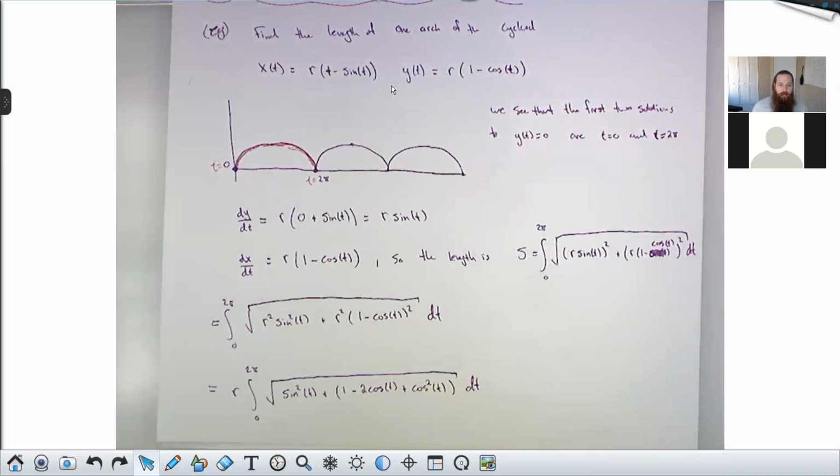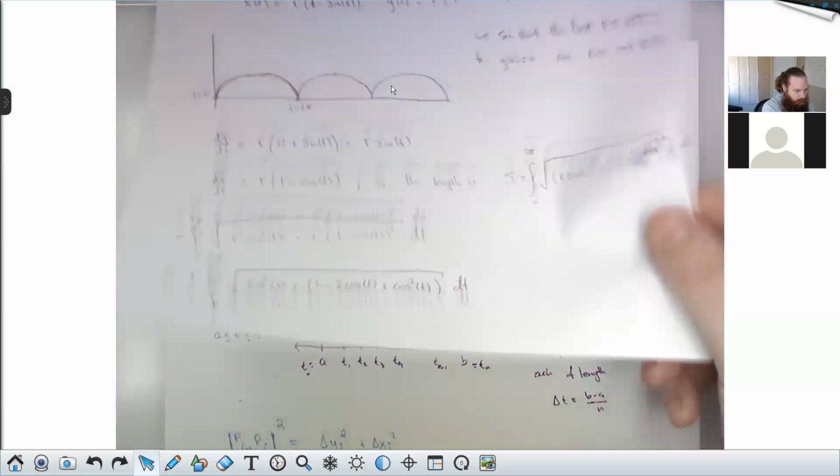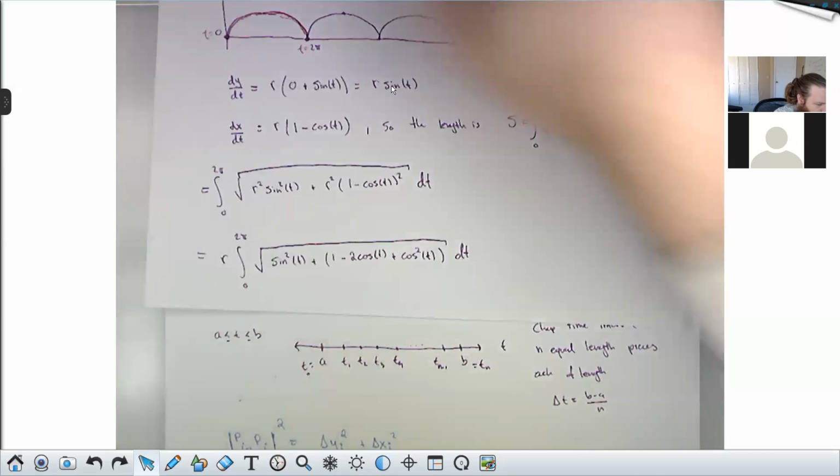We're lucky in a sense because we have a cosine squared plus sine squared. That's nice. We know that that adds up to 1. We're unlucky in the sense that there's other stuff to deal with. And this integral looks a little bit tricky at a glance. So let me move this up, give us some space to play with.